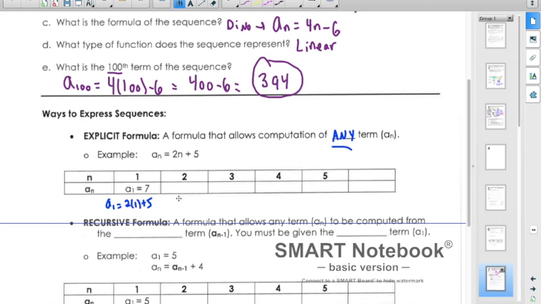That's where they got 7. How about A sub 2? It would be 2 times 2 plus 5. 2 times 2 is 4, and 4 plus 5 is 9, and so on. A sub 3 would be 11, A sub 4 would be 13, A sub 5 would be 15.